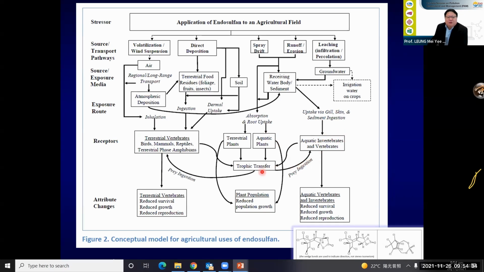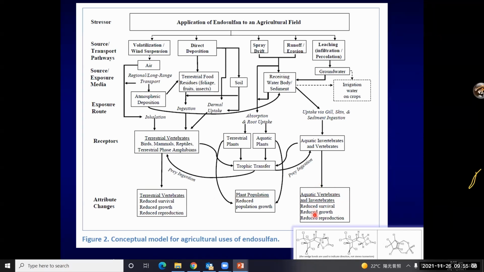And then we also try to work out what we're going to see changes if there is a disaster happen. So for example, we'll look at aquatic animals and plants to look at their survival, growth rate, and reproduction. So this framework have been used for the endosulfan. It's also a biocide in the farming site. So once you have this conceptual model, then we know what to measure.